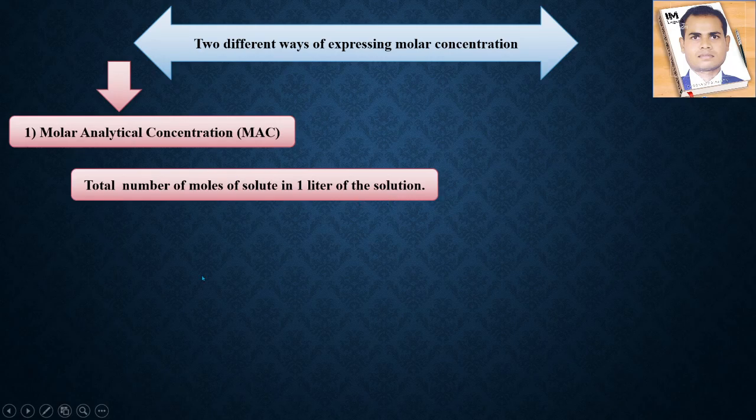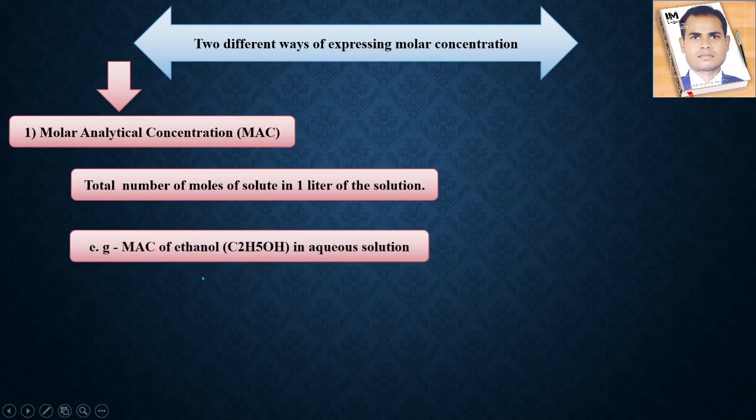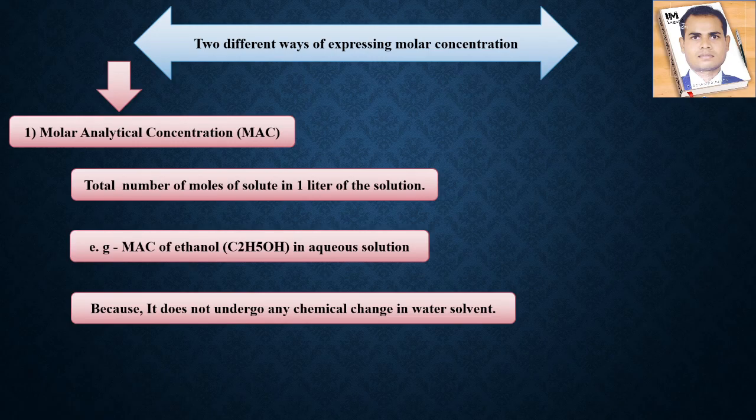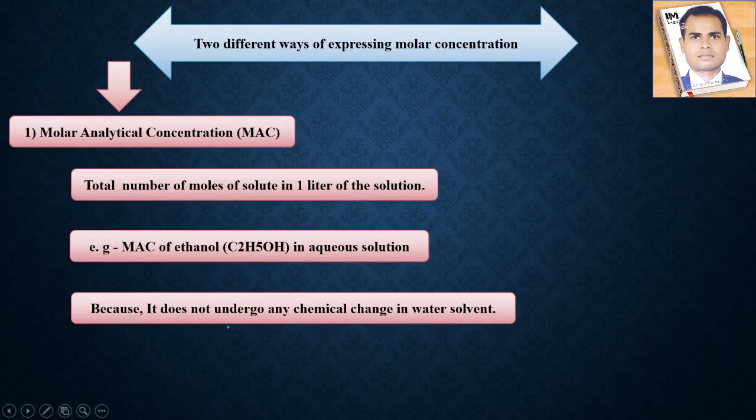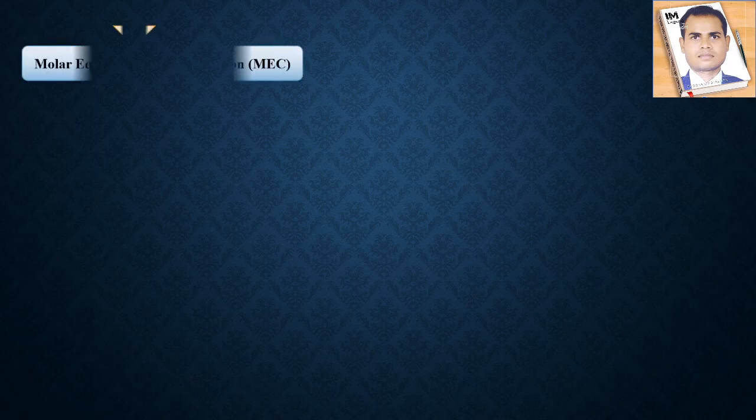For example, take the molar analytical concentration of ethanol, whose molecular formula is C2H5OH, in aqueous solution. It does not undergo any chemical change in a water solvent, because we have taken this ethanol into the water. That means it is an aqueous solution, so it can't undergo any chemical change in a water solvent.